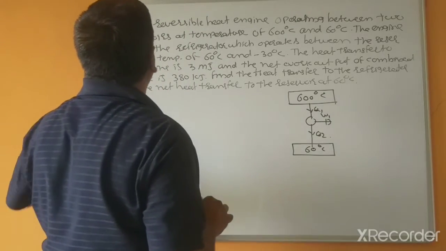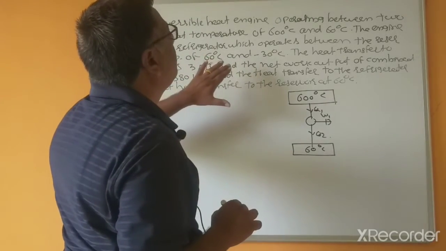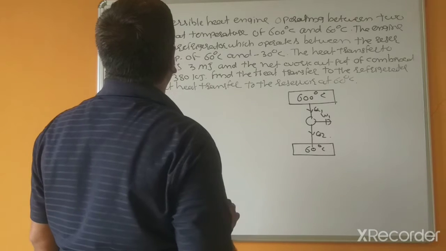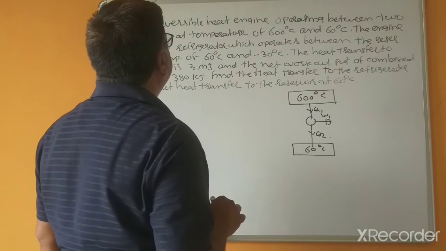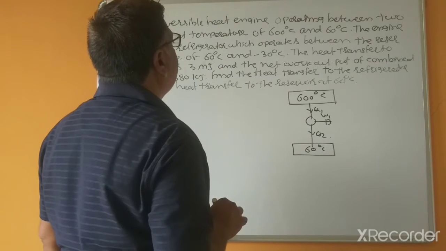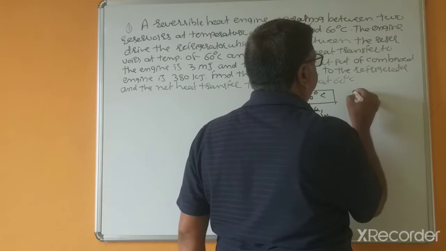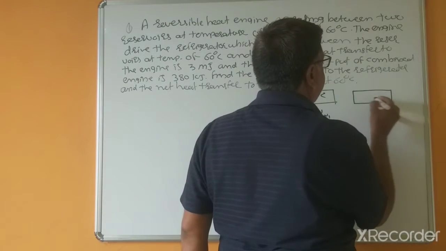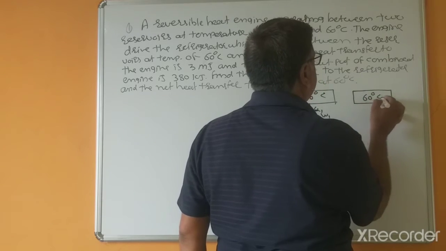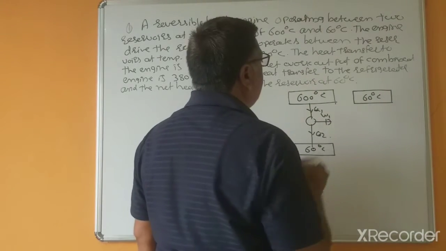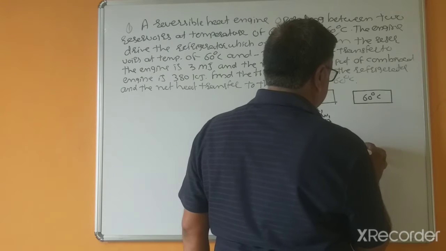Next, the engine drives the refrigerator which operates between the reservoirs at temperatures of 60 degrees centigrade and minus 30 degrees centigrade. 60 degrees centigrade is the atmospheric temperature, or the condenser temperature.